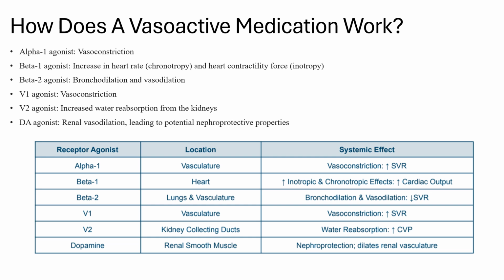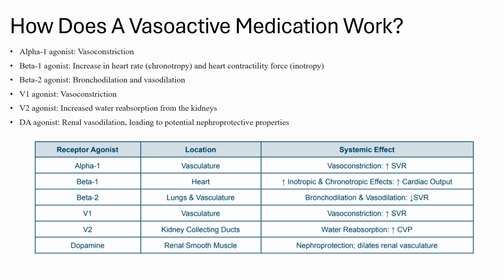Like I briefly touched on the last slide when we were looking at the different medications, we're going to dive into this again, but this gives you an idea of the receptor agonists: your alpha-1s, your beta-1s, your beta-2s, your V1s, your V2s, and then your dopamine receptors. Typically, your alpha-1s are going to work on your vasculature, so it's going to help with vasoconstriction and SVR.